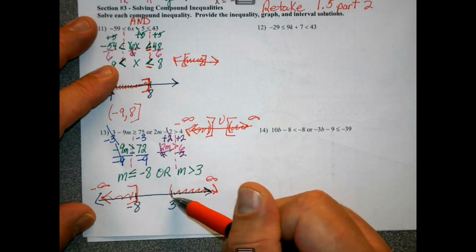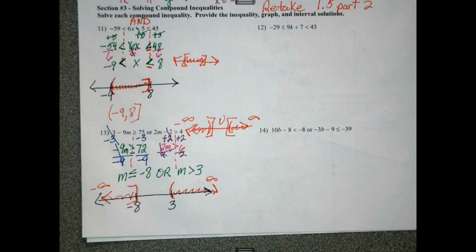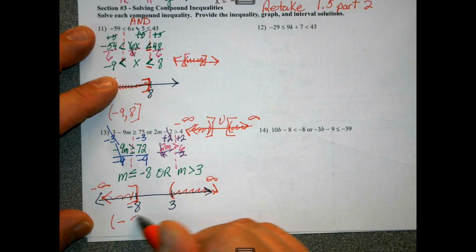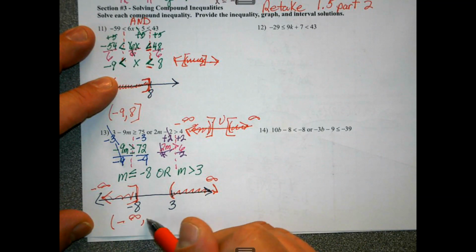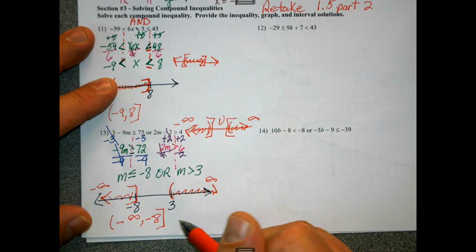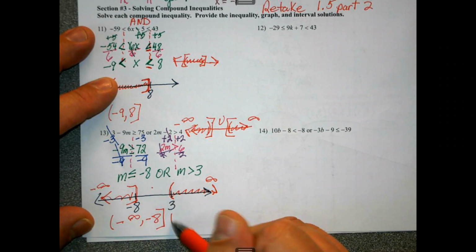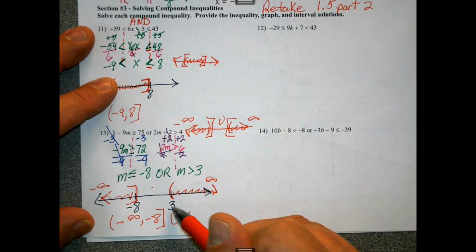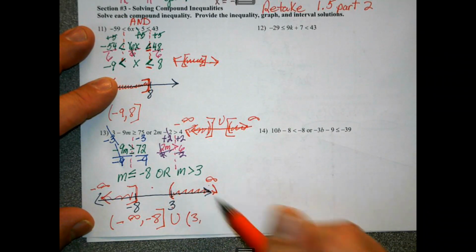This one gets a parenthesis. So our notation: parenthesis, negative infinity, comma, negative 8, bracket, union, parenthesis, 3, and then infinity.